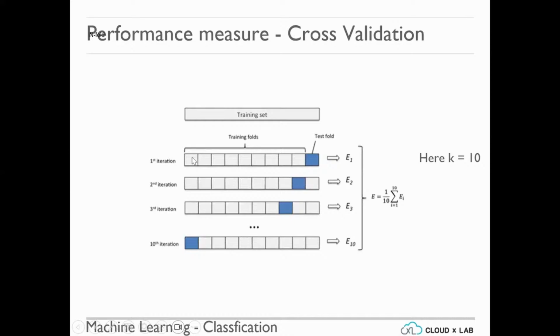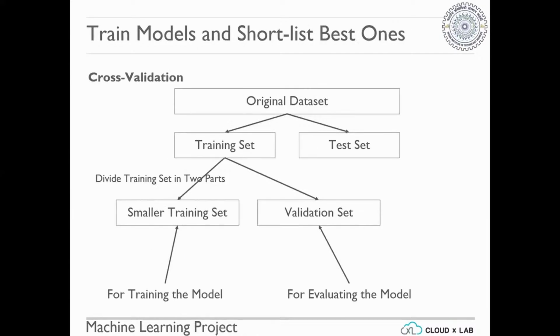So one time we train our model in iteration one, and in iteration two, again we train our model using different training data, and we test our performance using this validation data. So in each iteration we are changing the training data and the validation data. This set is different in each iteration, and this set is also different in each iteration.